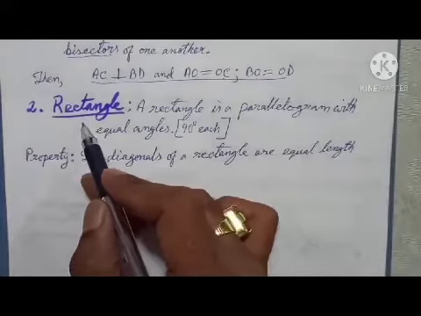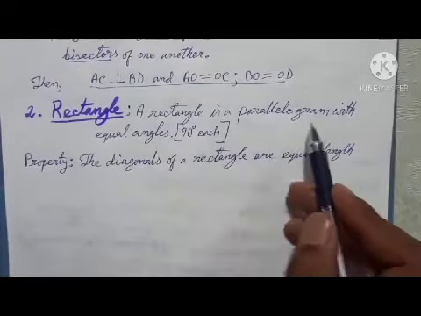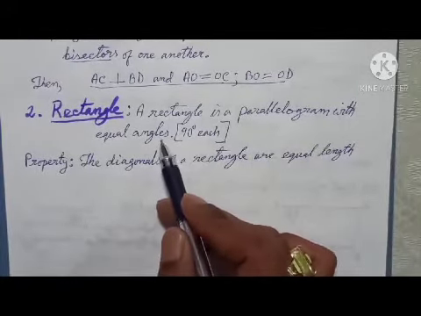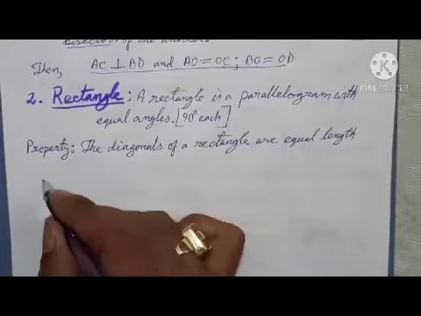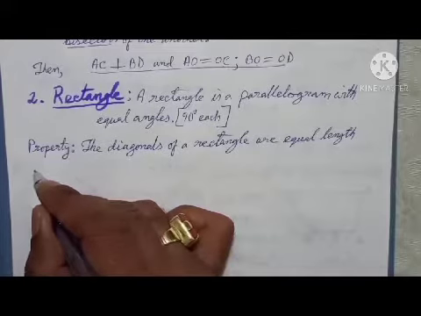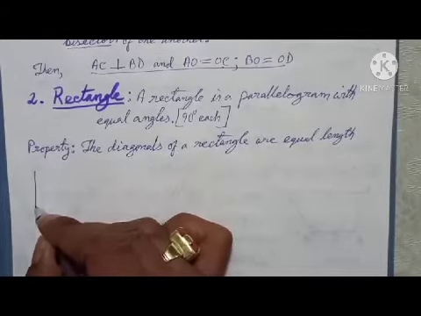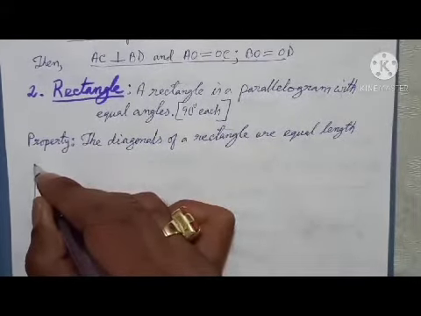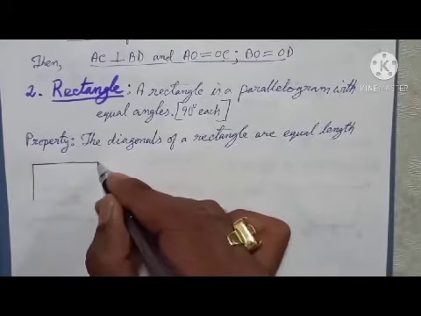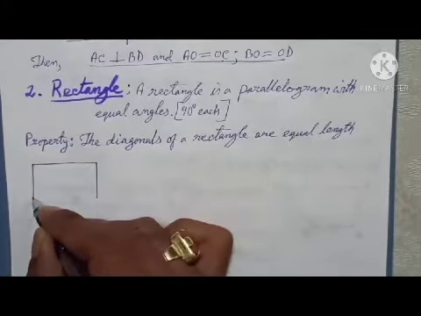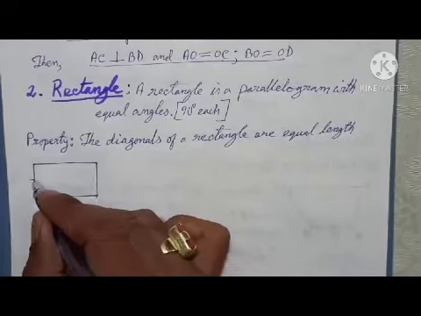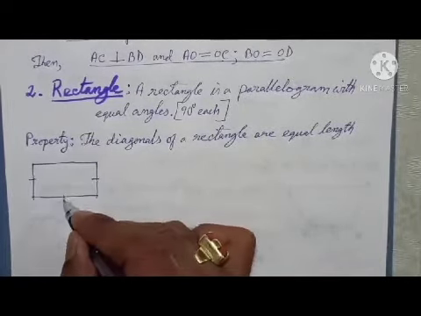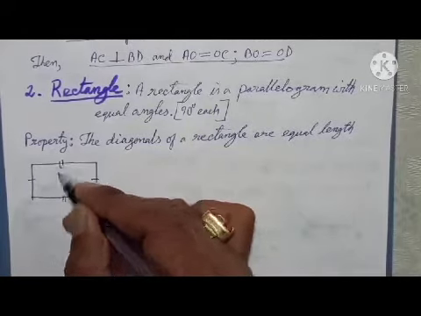Number 2 is rectangle. A rectangle is a parallelogram with equal angles. Each angle is 90 degree. The figure I am drawing is a parallelogram. In a parallelogram, the opposite sides must be parallel. So this side and this side are parallel, and this side and this side are parallel.